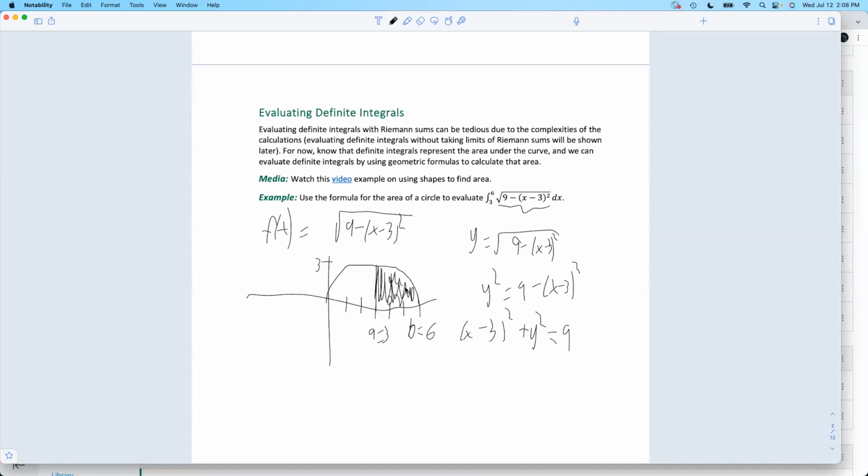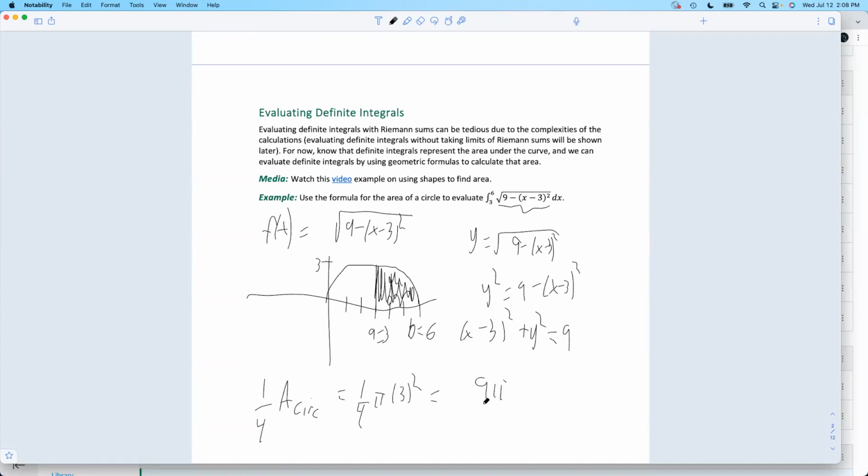But we know how to do that. That's 1/4 of a circle. Because the entire circle would be here. This would be half of a circle. That's 1/4 of them. So this would be 1/4 pi, my radius of 3 squared.